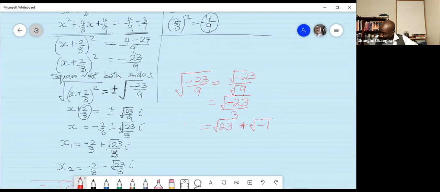Now, square root of negative 1 is i, called an imaginary number. So you have square root of 23 i. If you like, you can write it i square root of 23. Okay? So that's what happened there.